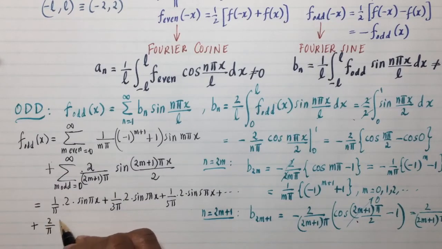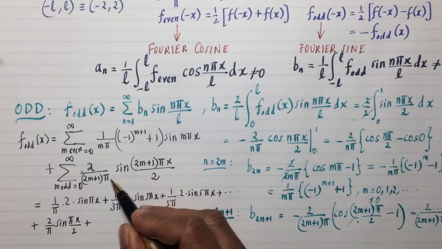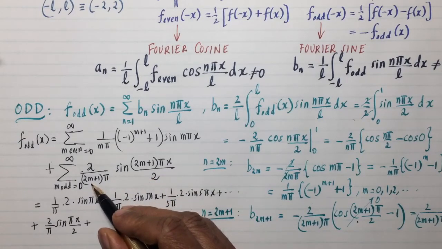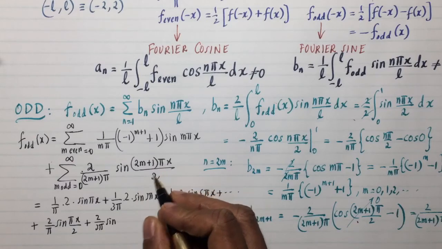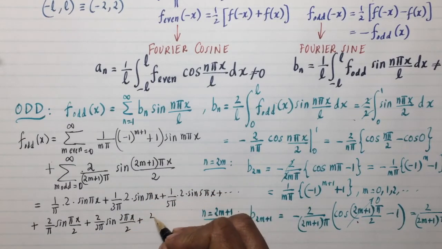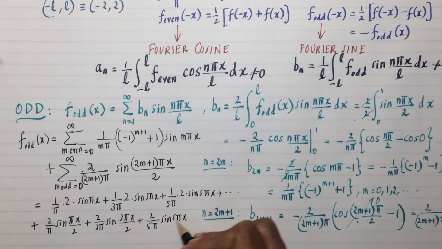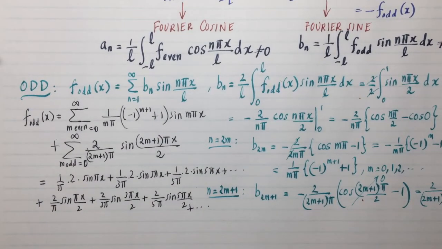So 2 over pi sine of pi x over 2 plus, now if m equals 1, I'll get 2 over 3 pi sine of 3 pi x over 2. So here I get everything. 5 pi sine of 5 pi x over 2 plus, and so on. So that's the complicated situation for the odd extension.